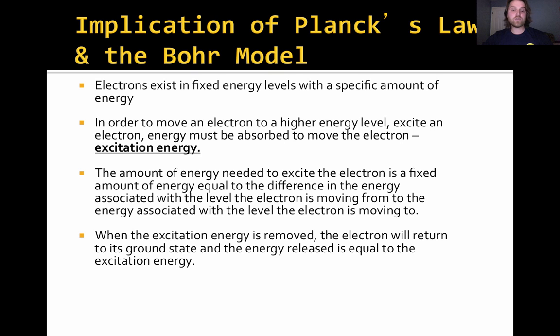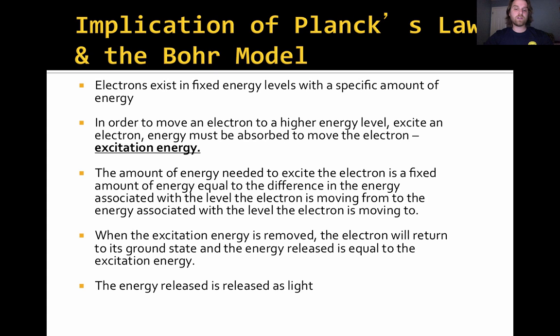When the excitation energy is removed, the electron will return back where it came from, and then that will accompany a release of energy that is equal to that excitation energy. So the energy you put in to excite the electron to move up is the same amount of energy that is released when it returns back to its normal state, its ground state.